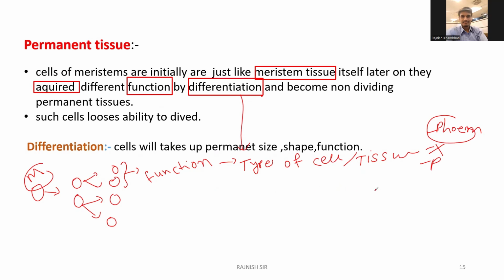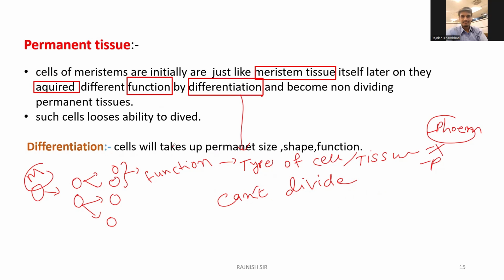And these cells are now known as permanent tissue because, after acquiring the function, these cells cannot divide anymore. They lose the ability to divide, and such tissues are called permanent tissue.